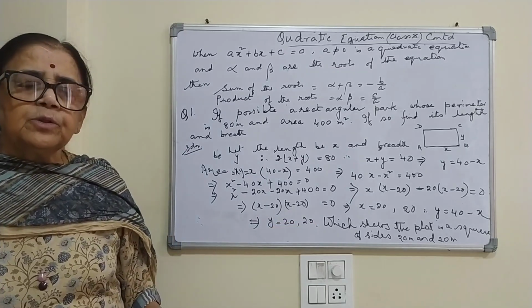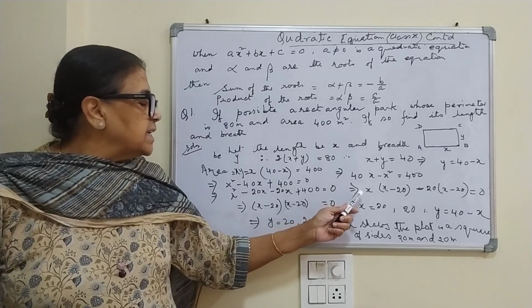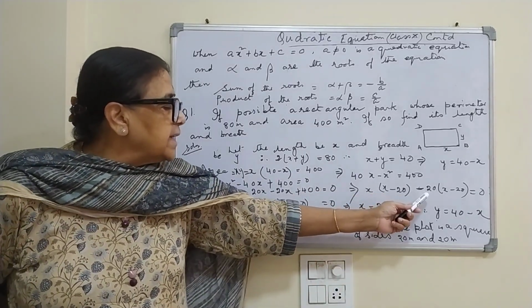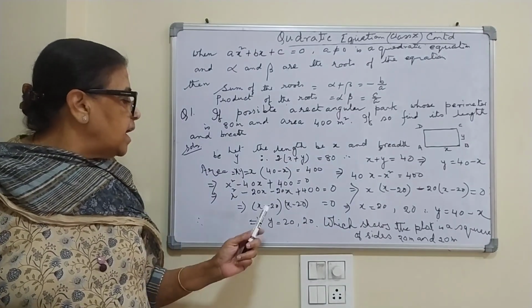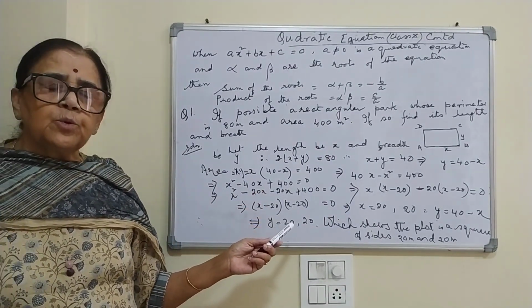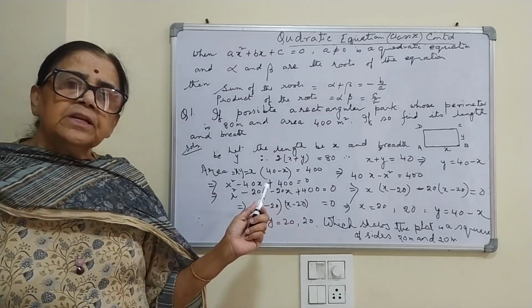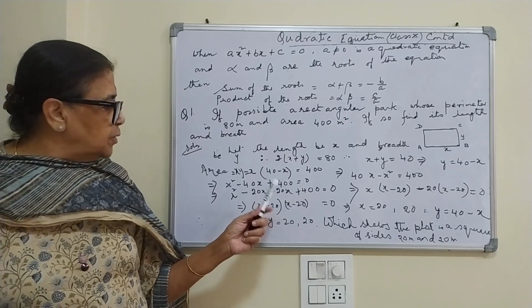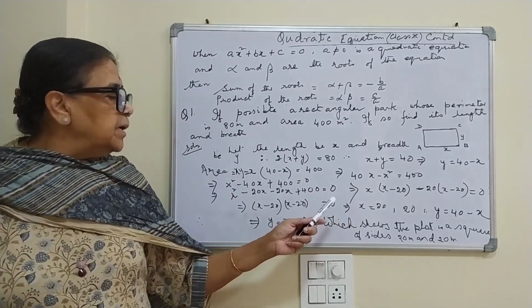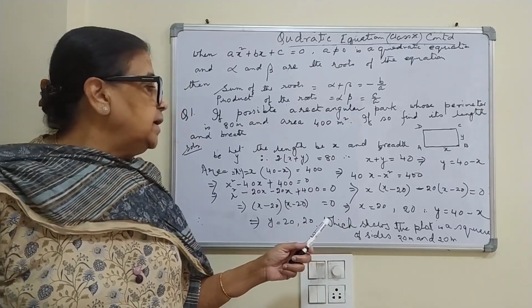Then I take x common from the first two and get x minus 20, and minus 20 common from the other two, giving x minus 20. Taking x minus 20 common, I am left with x minus 20 is equal to 0. Or directly we can say x minus 20 whole square is equal to 0. So x is equal to 20.